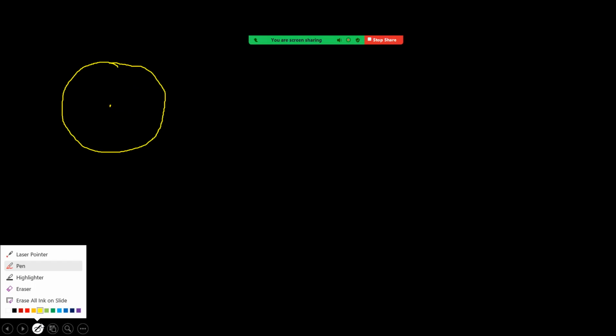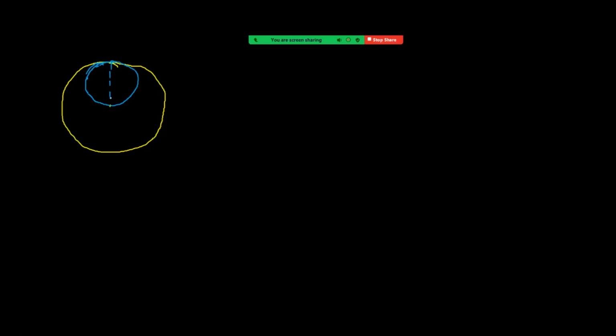So from a bigger one, removing a smaller one. And how this is removed means removing from the edge. Right, like this.